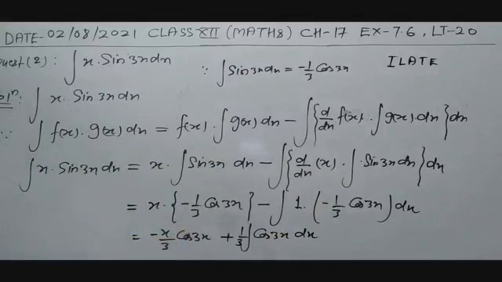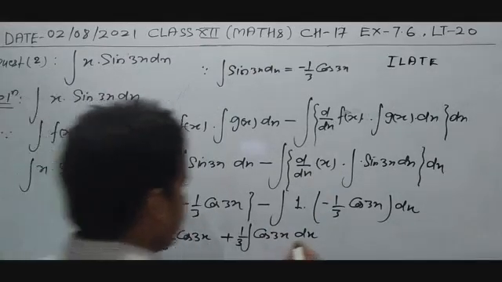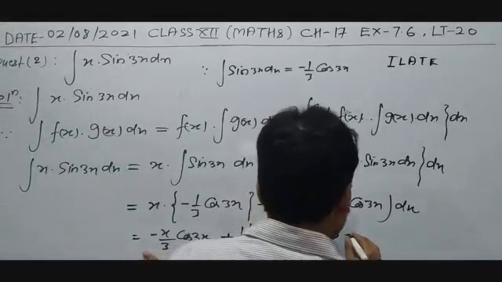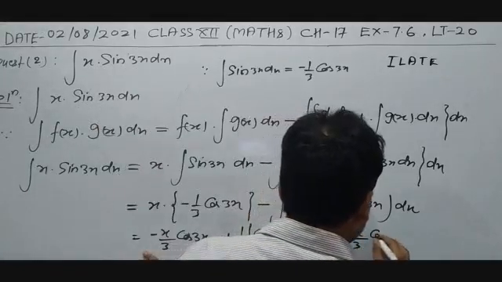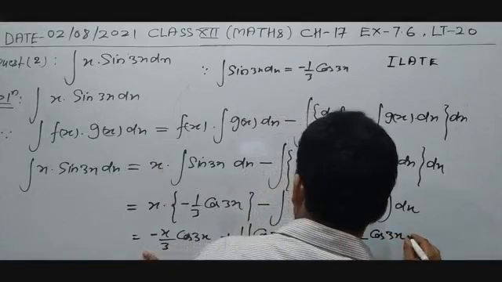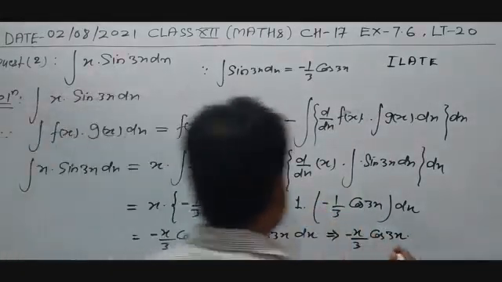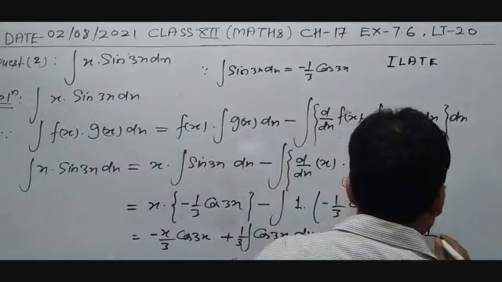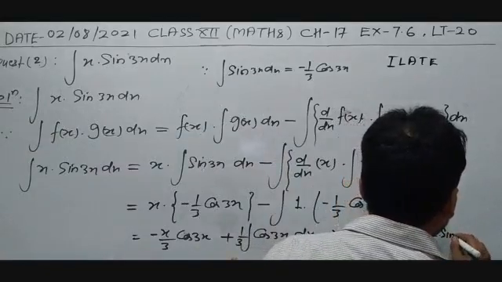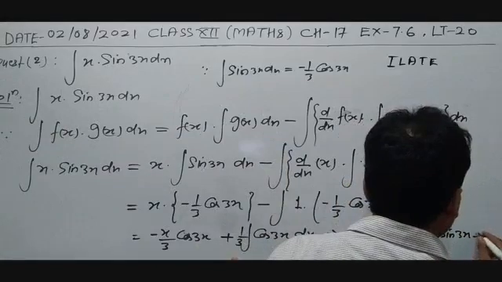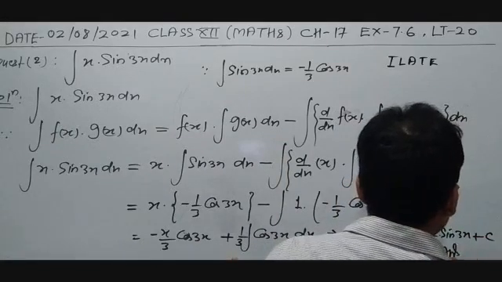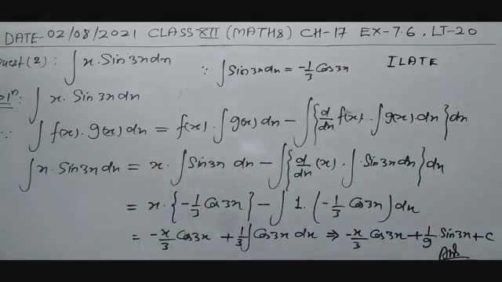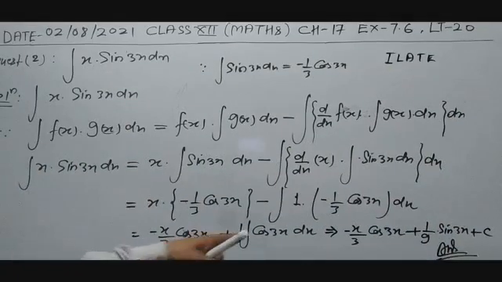The integral of cos 3x is sin 3x by 3, so the result is minus x by 3 cos 3x plus 1 by 9 sin 3x plus c. Question number 2 is completed. This is the answer.